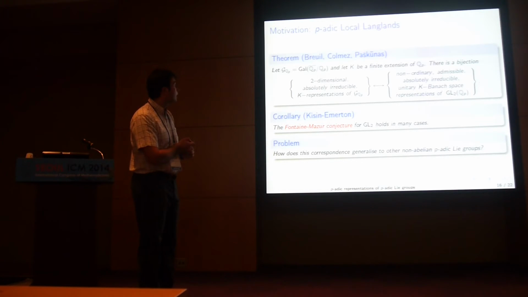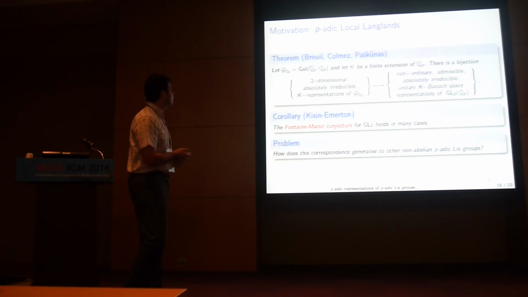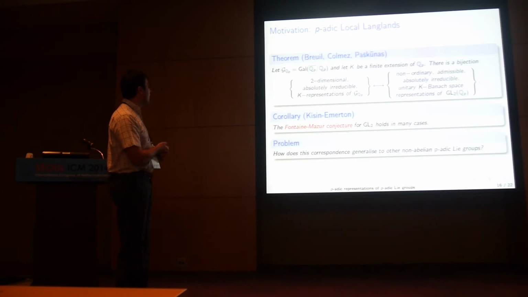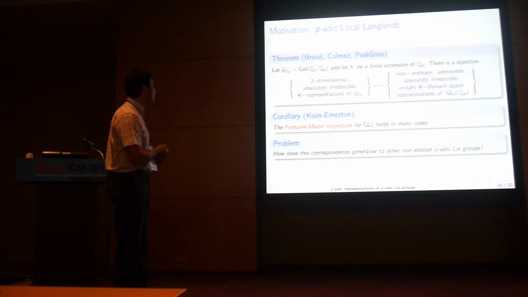So, if you like, the p-adic representation theory of this particular p-adic Lie group, this particular category, is explained by some deep number theory. This bijection actually comes from an equivalence of categories. It's quite non-trivial, and it has very interesting consequences for actual problems in number theory, such as the Fontaine-Mazur conjecture.